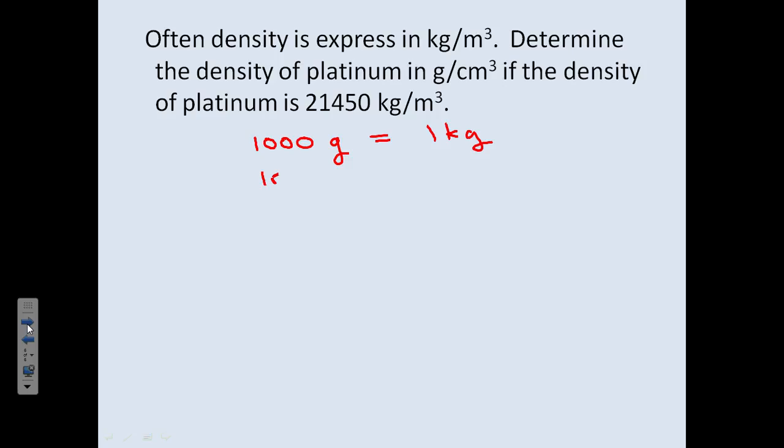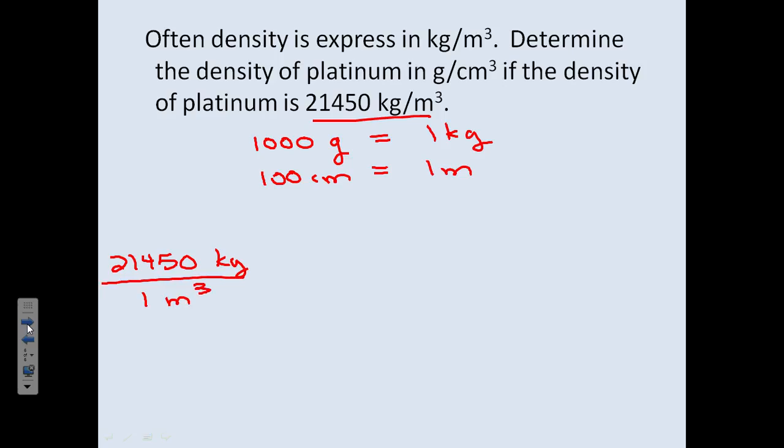And I know there are 100 centimeters in 1 meter. I will cube it when I actually do the conversion. So I'm going to start with what we're given, 21,450 kilograms, and I'm going to write 1 meter cubed.